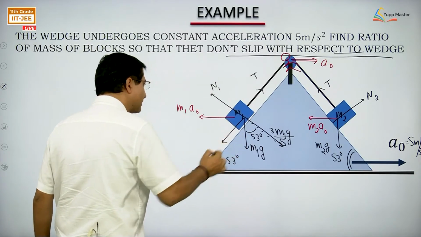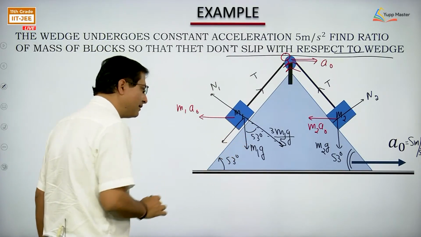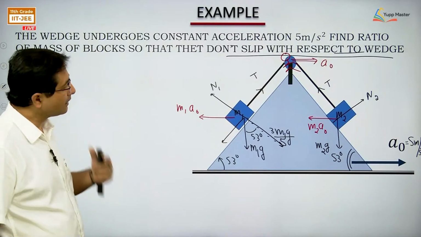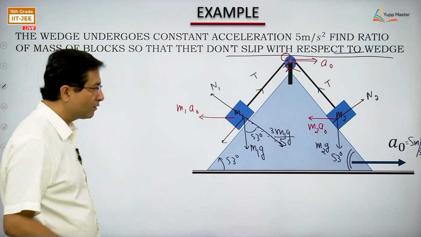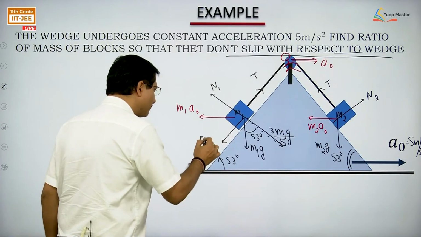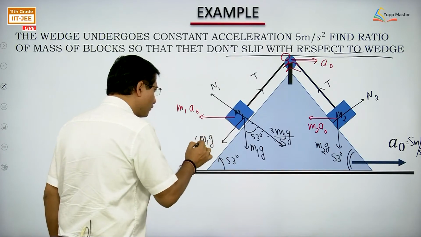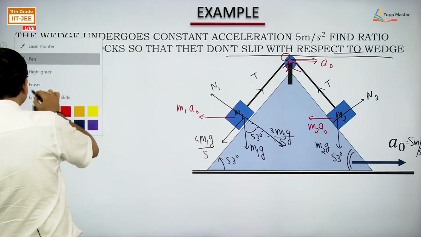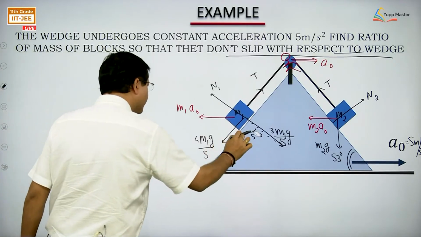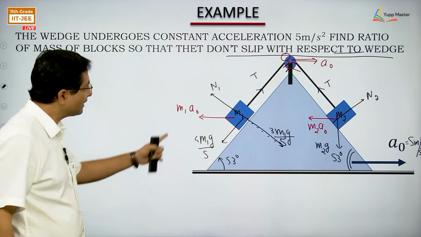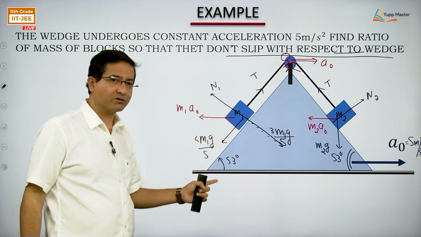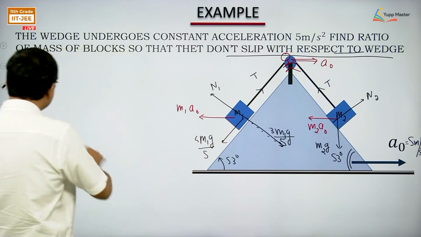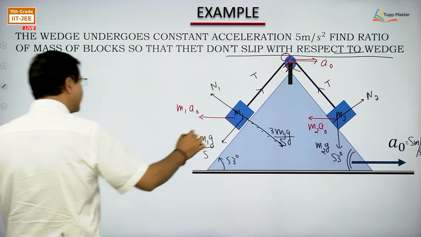Similarly, the other component in this direction is mg sin 53, sin 53 is 4 by 5. So I can write m1g 4 by 5, mg I already resolved, so this I will remove. Now you can see that m1 A naught is also making some angle with the incline, this angle is 53.